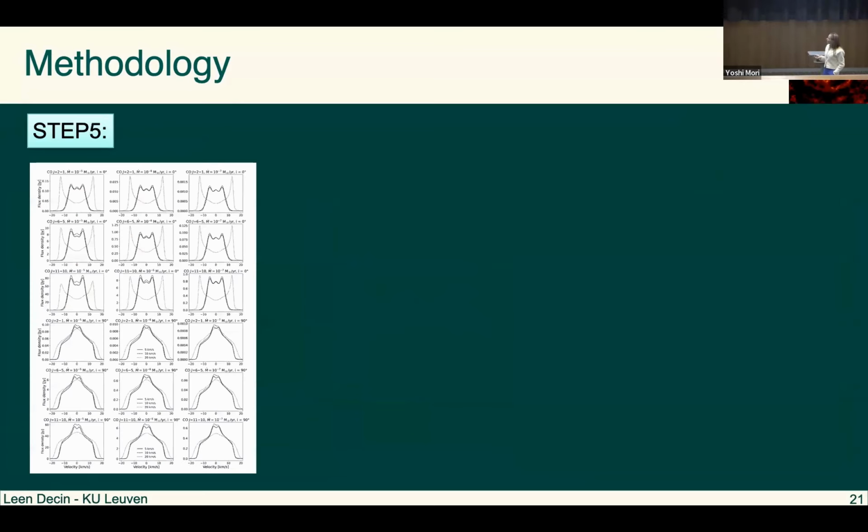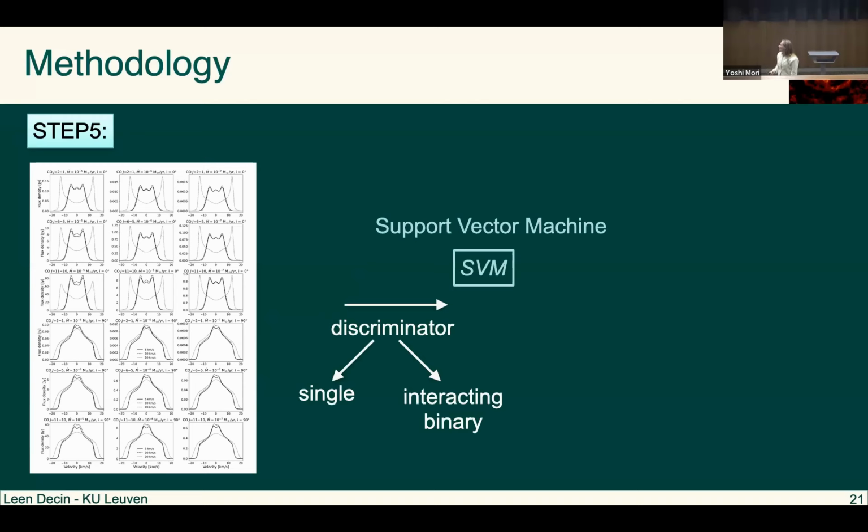And the last step comes to the mathematics. Leuven is producing a lot of CO line profiles where we see signatures of binarity, interaction binaries versus single stars. We will be developing a method based on a support vector machine that will tell us, is it a binary or is it a single star?